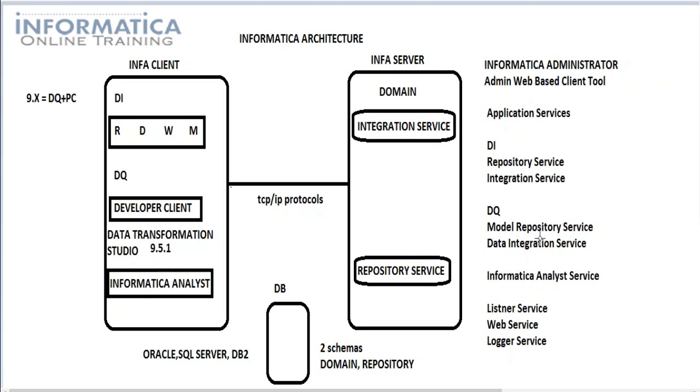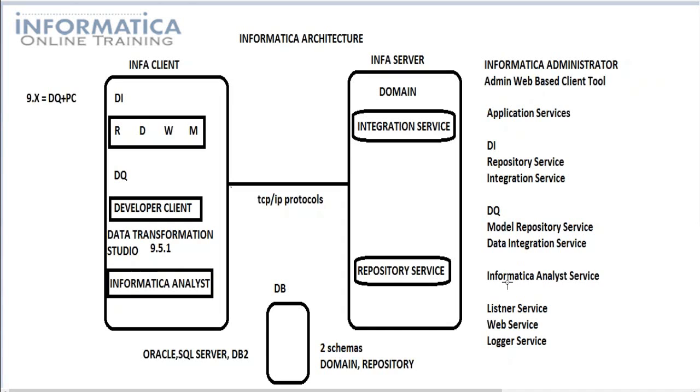When these services are created, you can configure them within the clients. Otherwise, you cannot perform any data quality operation. Once you create these two services within the domain, they have to be configured within the client tools. Otherwise, it is of no use, and you cannot work on creating the ETLs. For performing data quality, the service has to be configured within the developer client.